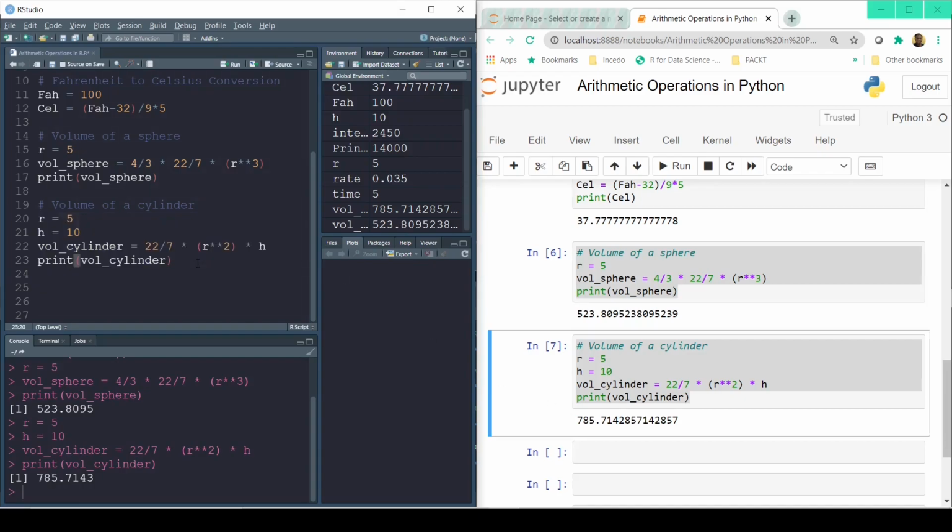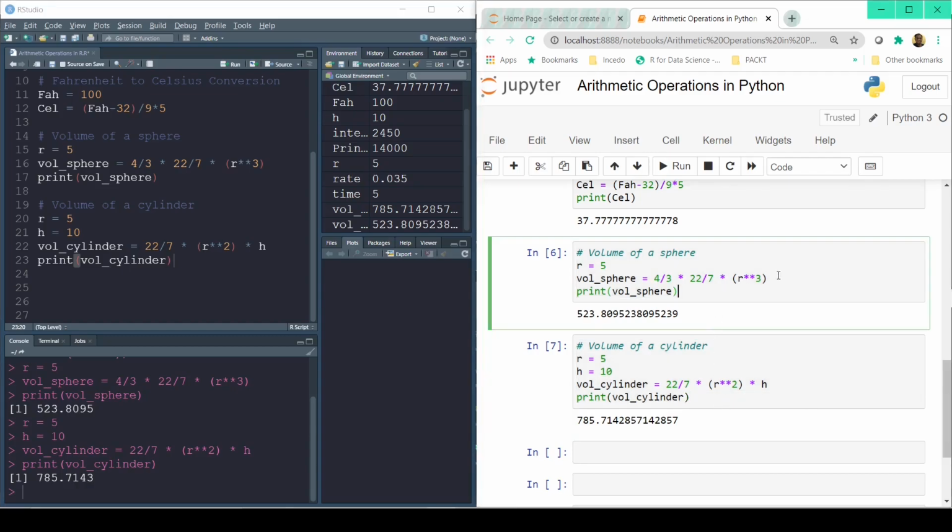All right, so this is how we use the bracket notation. The formulas that we have used so far have been quite simple. No complex formula running into multiple lines. It's a single line formula which all of us are familiar with, that we studied in our school days. All right, so this was all about bracket notation.